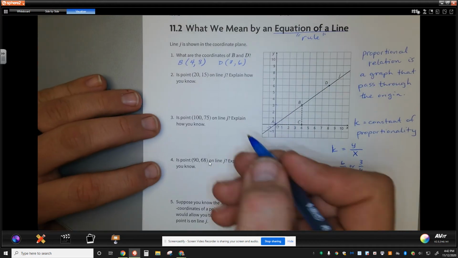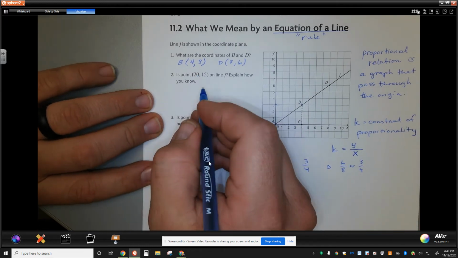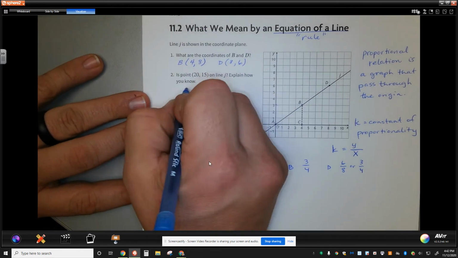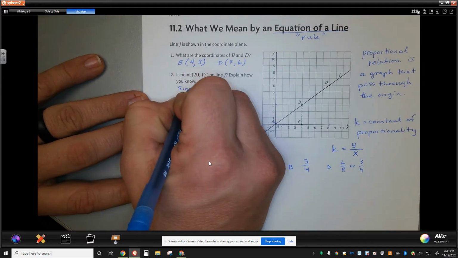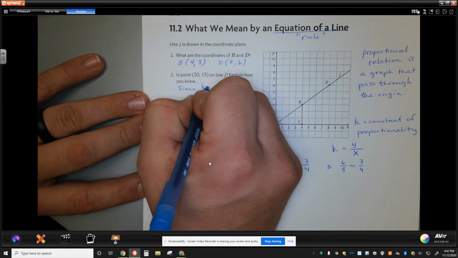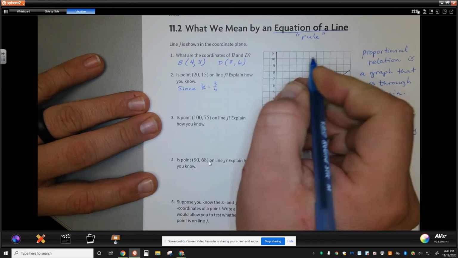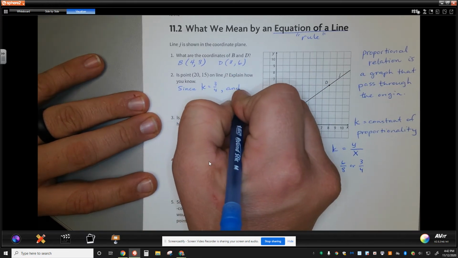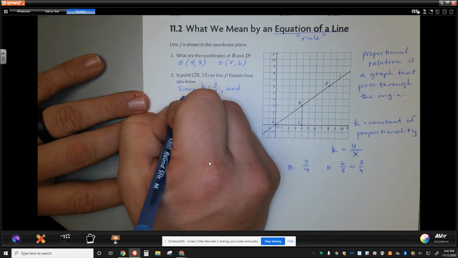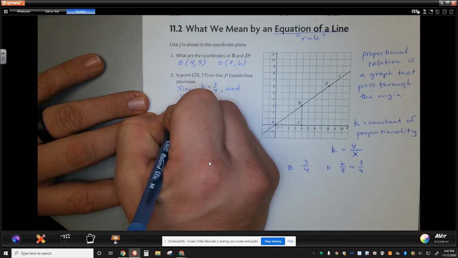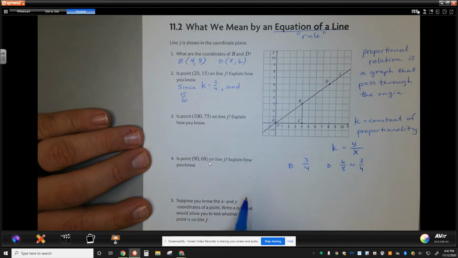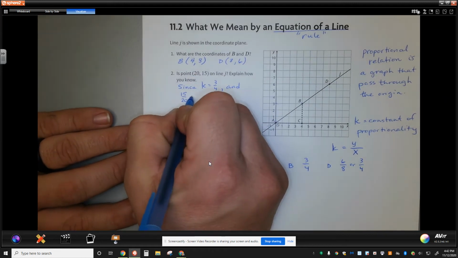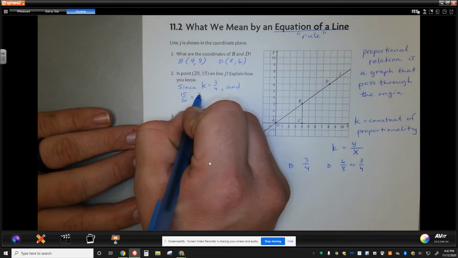So let's look at a point that's at 20 and 15. And we're going to write this with some mathy language. We're going to say this: since k equals 3/4 and 15 divided by 20, when we look at that as a ratio, y over x, equals 3/4.